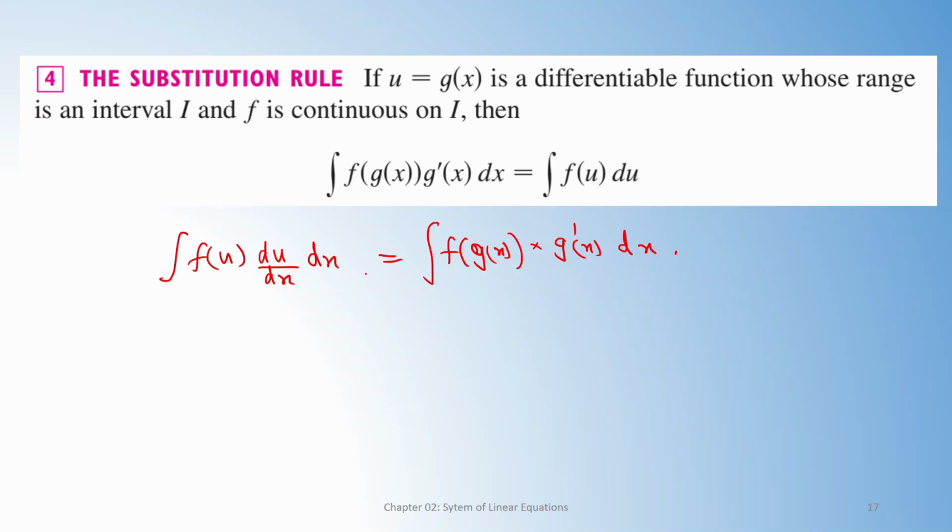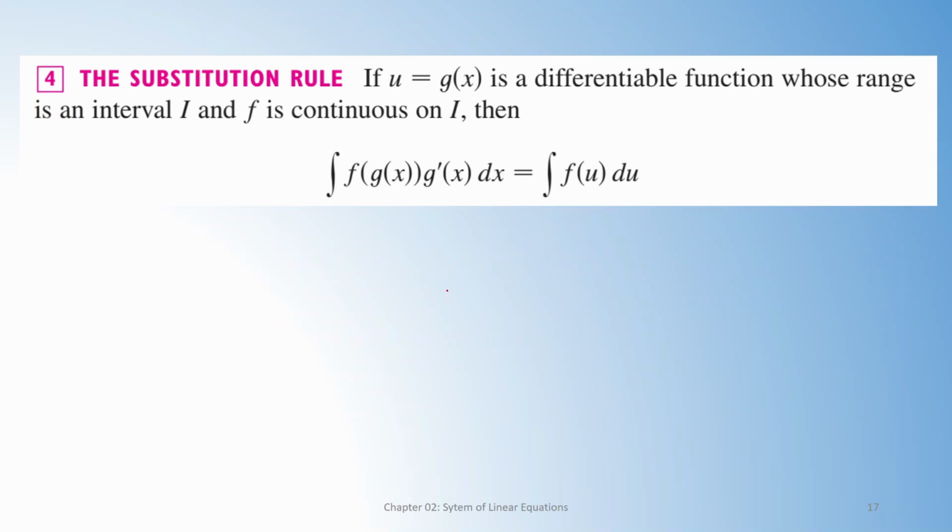So this is equal to, from here dx is cancelled. It's not exactly cancelled, but you can assume such that here you have f of u du. That's how you have to substitute some function g of x by u and g dash x dx.